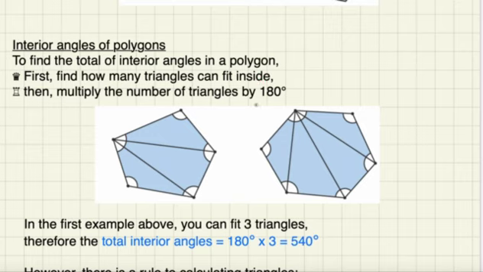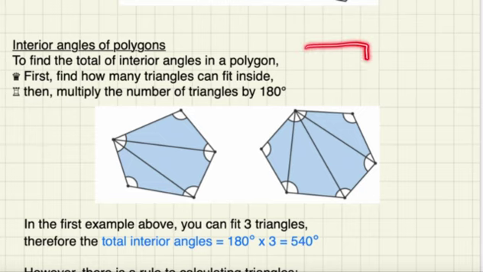Now this seems a very odd thing to do, but there's a few rules we already know: with all triangles, the angles that they have all add up to 180 degrees.